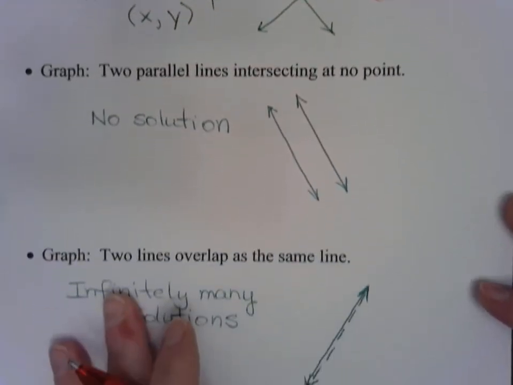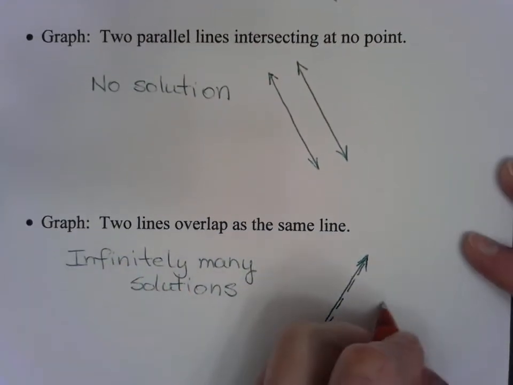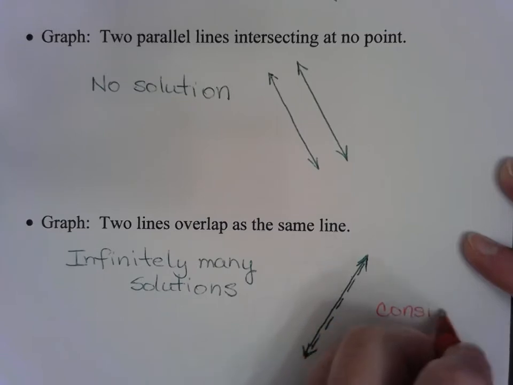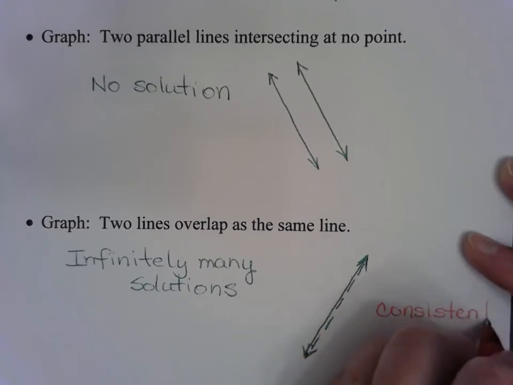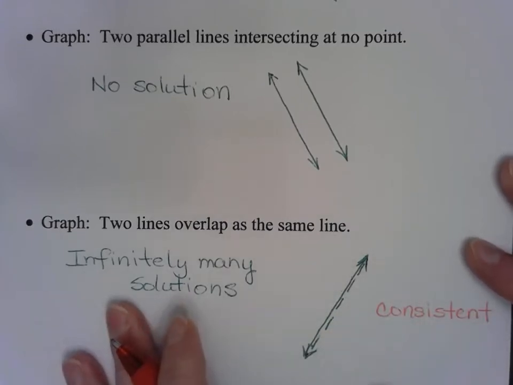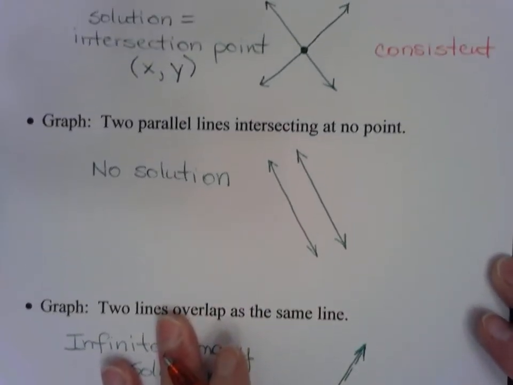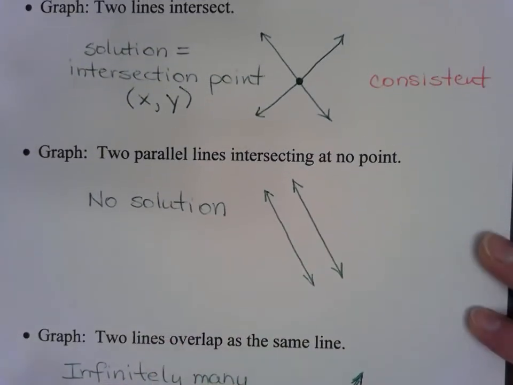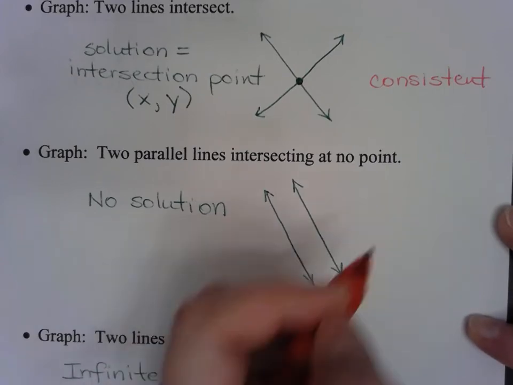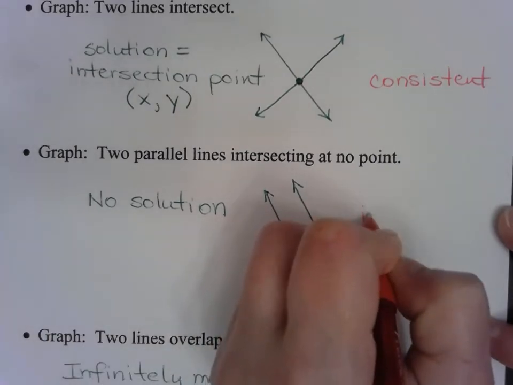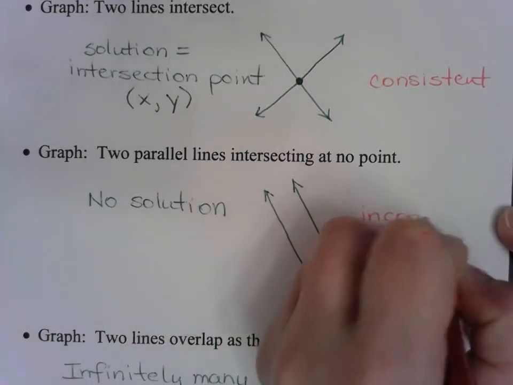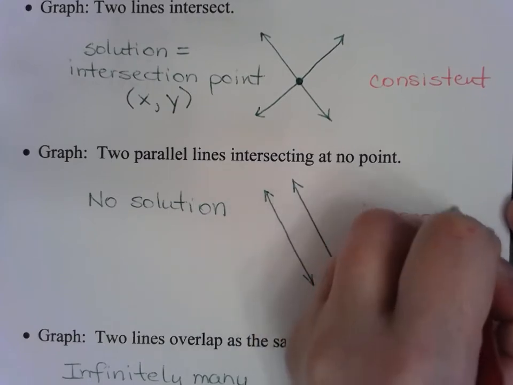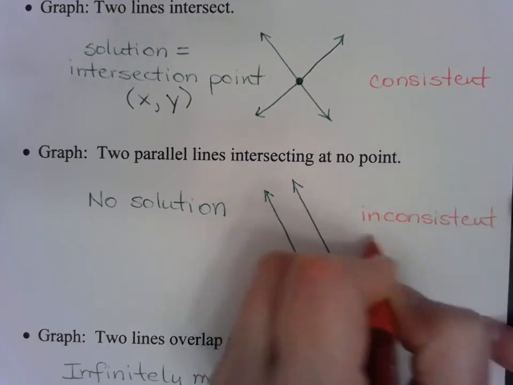The last one here, I have lots of solutions, so that would be consistent. Okay, and the odd man out is the middle one, right? It does not have a solution, so sometimes it's called inconsistent, an inconsistent system.